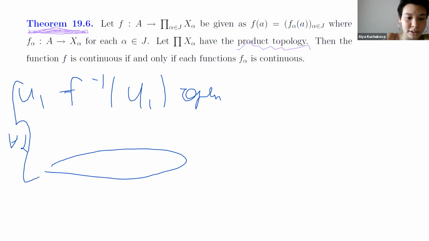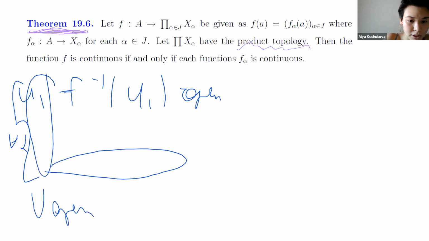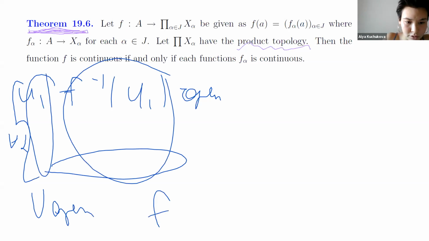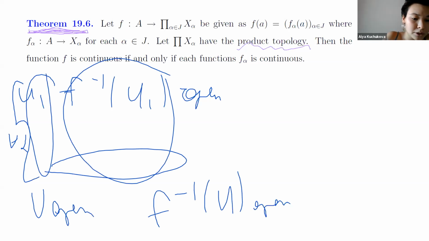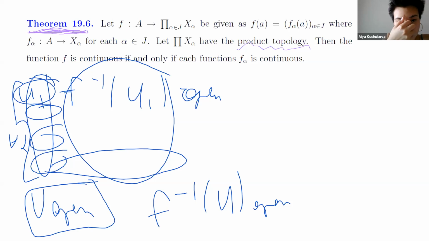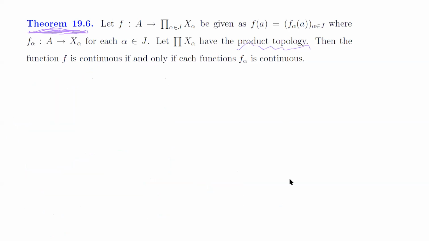So because all those are open, then U is open, and f minus 1 of U is open. What we also have to say is that this open U is any open set, but we can make it up by choosing specific open sets in here, so it still works. Yeah, it should be it. It's basically the idea you get.